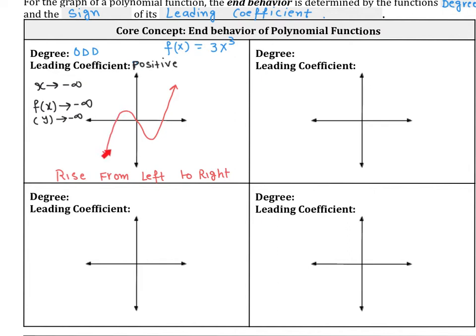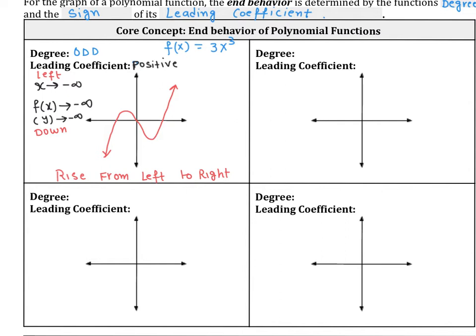If x approaches negative infinity, this side, which is the left side, the graph line is going to the left forever and going down forever. So f of x is approaching negative infinity.